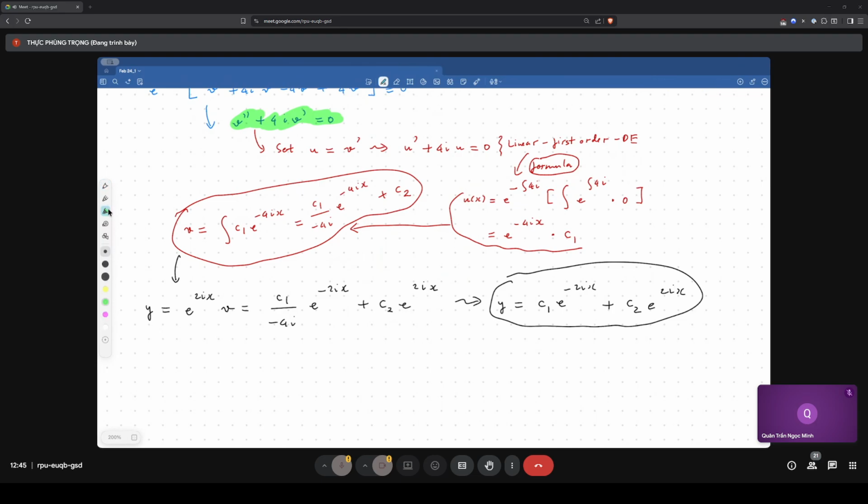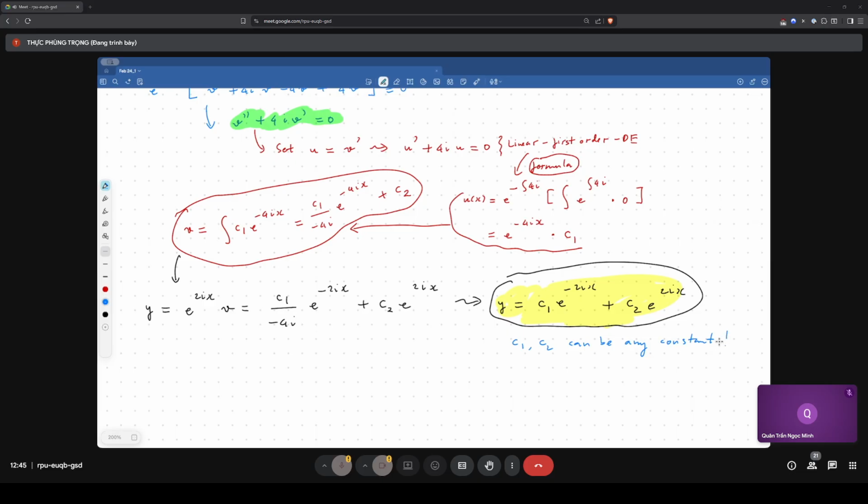This is the final answer we have for y. And C1, C2 can be any constant.